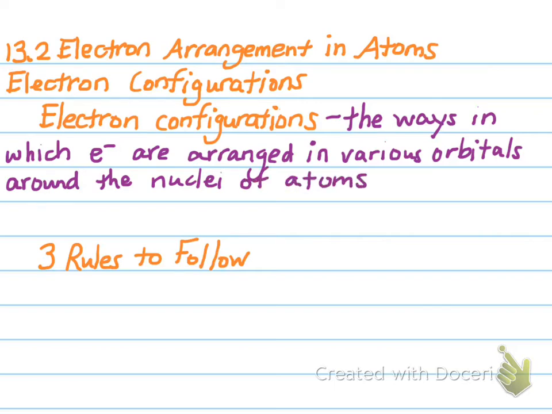So again, basically we're just talking about where these electrons are in these energy levels, in these energy sublevels, and in these orbitals around the nuclei of these atoms.